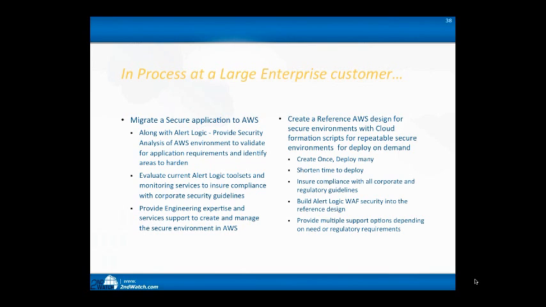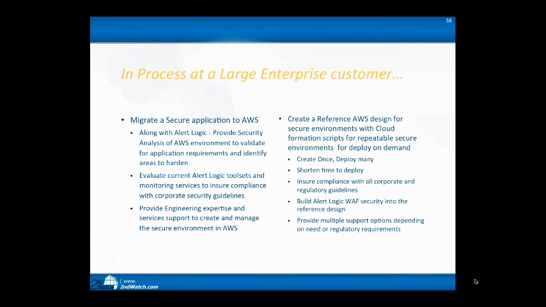Currently, we have a very large global enterprise customer that we've done lots of different projects with. We're working with AlertLogic. Currently, with them, we are providing security analysis of their AWS environment to validate application requirements for identity areas to harden. So we're looking at what is secure currently, and then what are some opportunities to harden the environment.